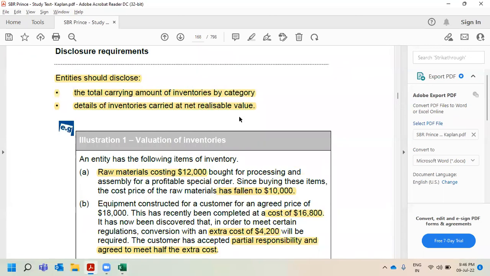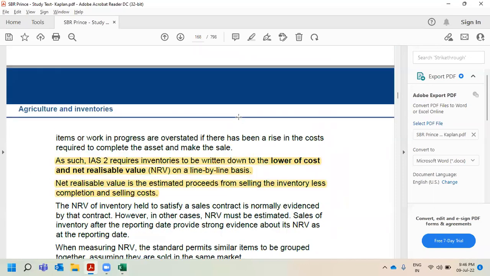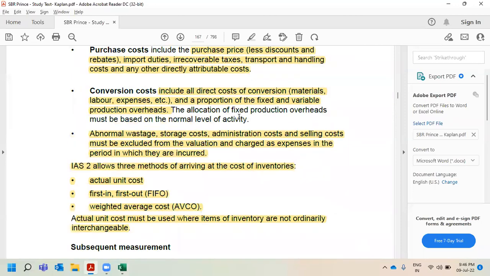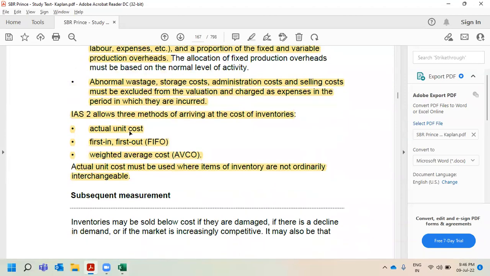One more thing I have to highlight, which I forgot to discuss with you. I should have discussed it in the beginning only, but no worries. IAS 2 allows three methods for arriving at the cost of inventories.